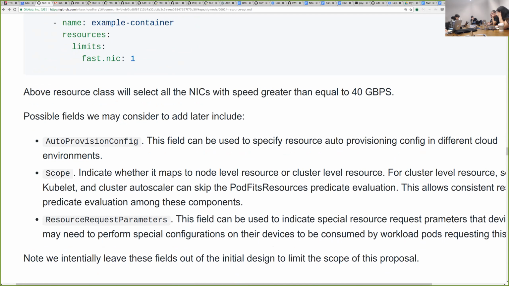And later we discussed some of the fields we may consider to include later. For example, we can introduce a scope field to declare whether it's a node level resource or a cluster level resource. And we can provide some auto provisioning config that can help the resource auto provisioning.